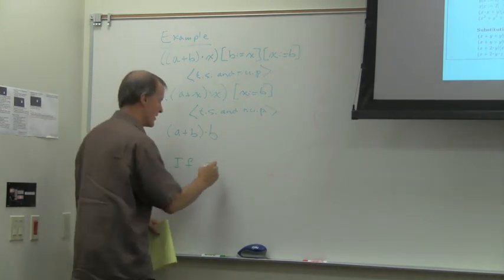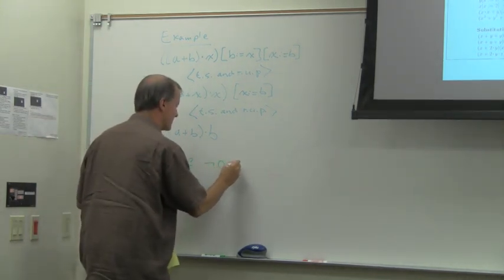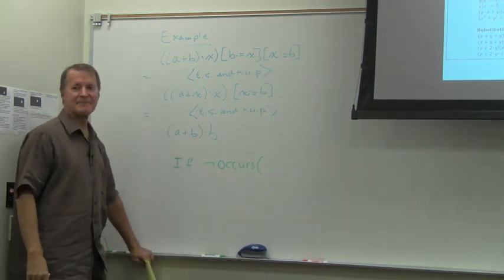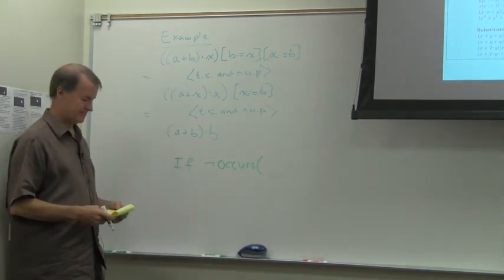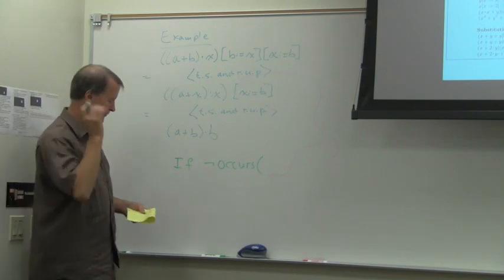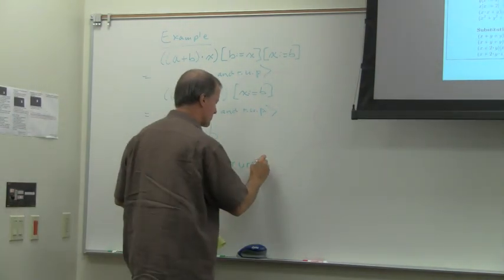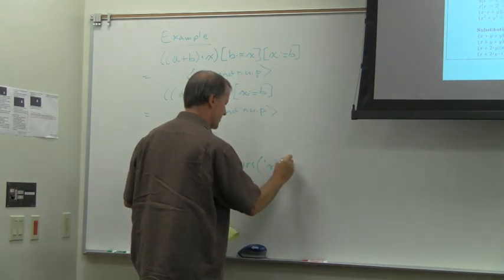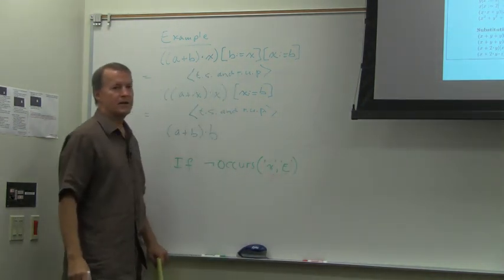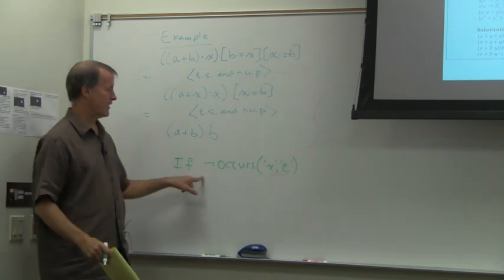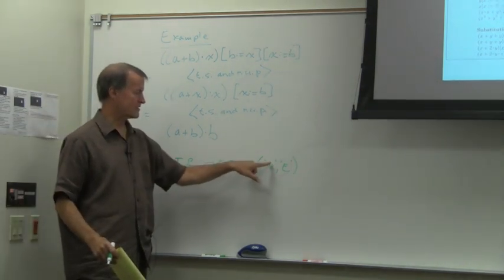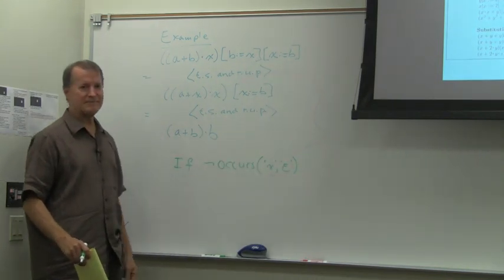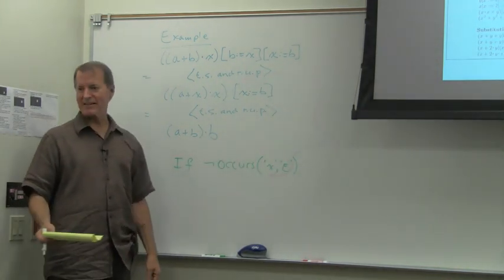So we're going to say if not occurs, single quote x, comma, single quote, capital E. If not occurs, quote, little x, quote, comma, quote, E, quote. So if x is not in E. Basically, that's what it is.